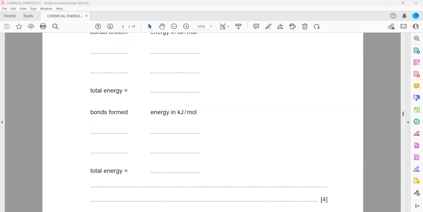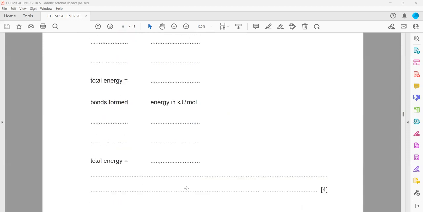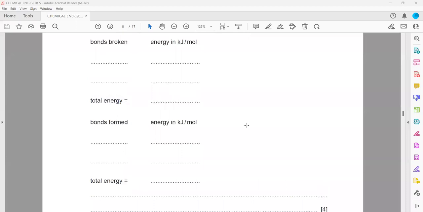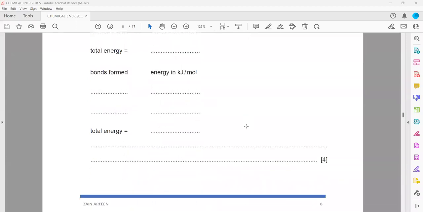Yes, sir, clear. But sir, I didn't calculate the energy change. You have to calculate the total energy, that is the energy change, by taking a difference. Sir, is total energy for the bond breaking and bond forming, or for energy change?